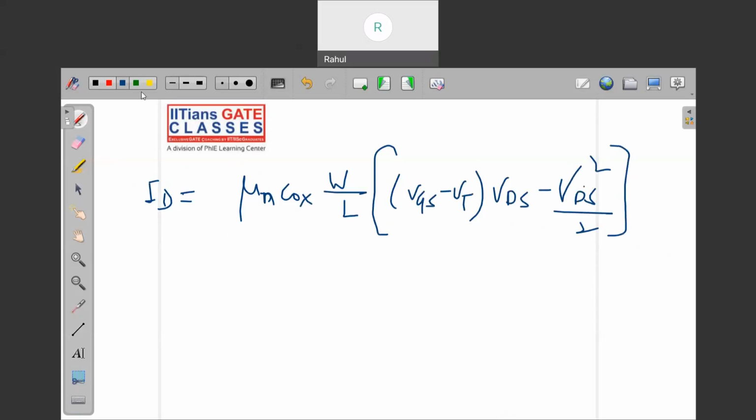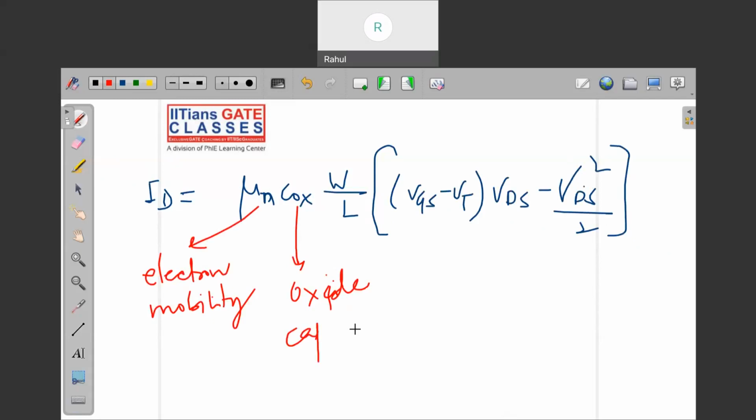Okay, where this mu n is the electron mobility. This is the oxide capacitance. Okay. Oxide capacitance, right? That is epsilon Ox upon Tox. And this is the aspect ratio, right?